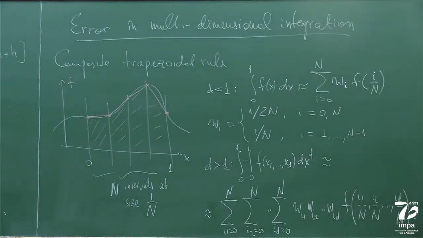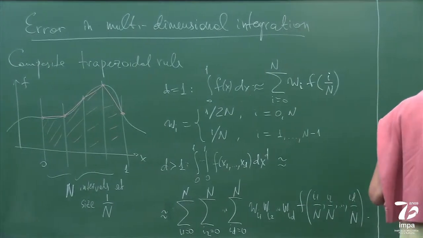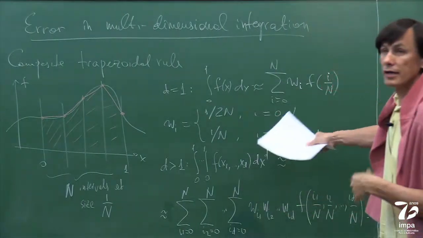So this is how you compute the trapezoidal sum in higher dimension. The error is the same, it's second order.